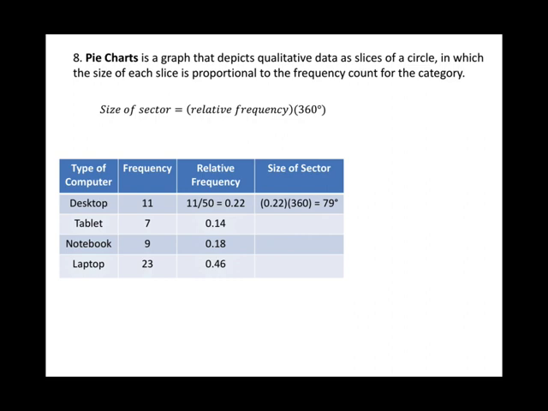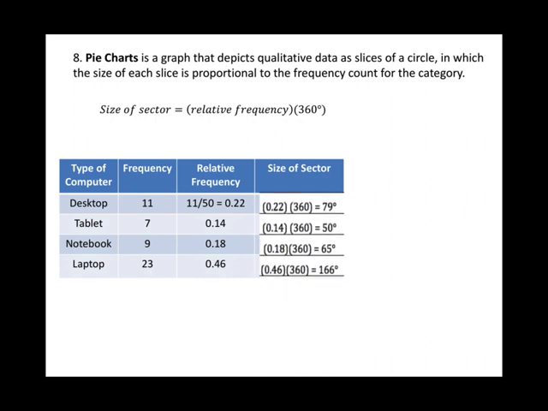Okay, check your work. And when you add up the size of the sectors, it should be equal to 360 degrees, because the measurement of the circle should be 360. Now we use the data to construct the pie chart here.